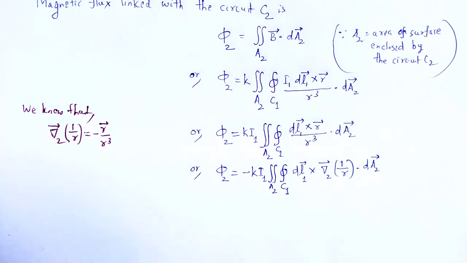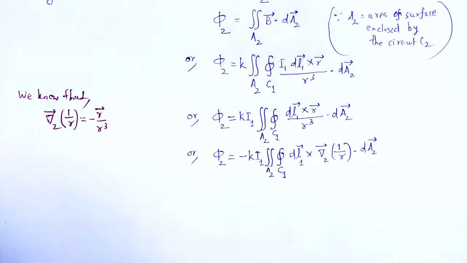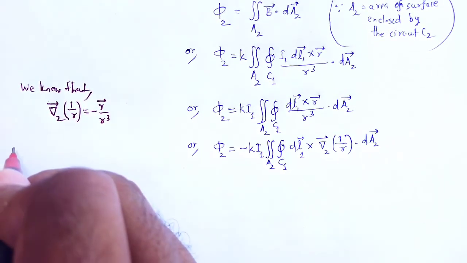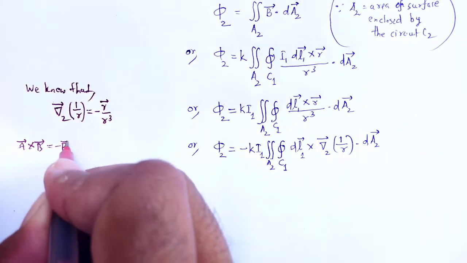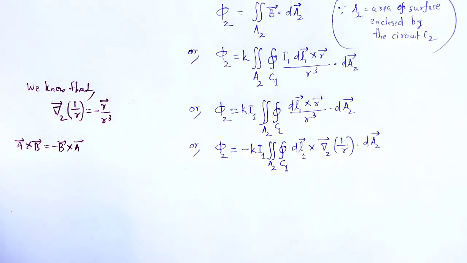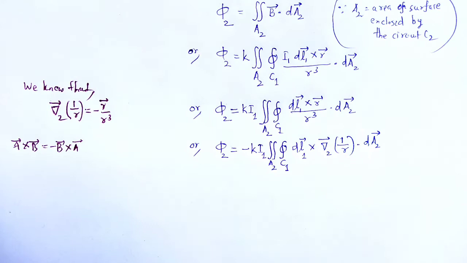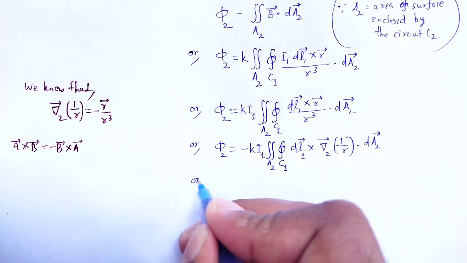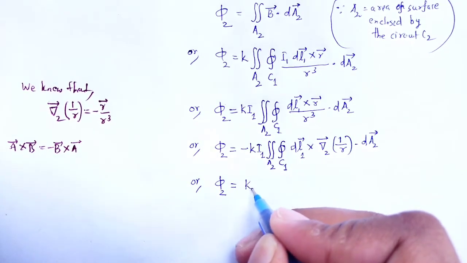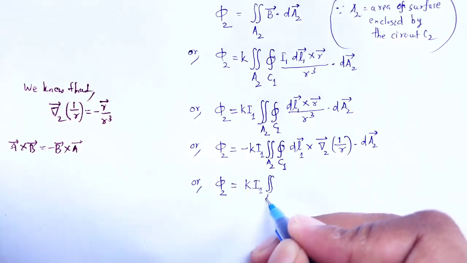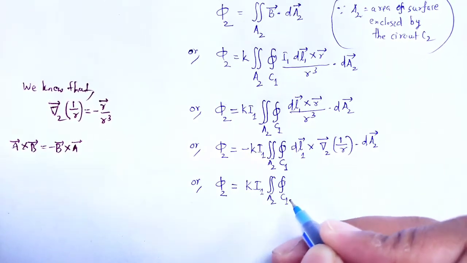In case of vector product, these are not commutative, meaning A cross B is the negative of B cross A. In that scenario, we use A cross B is equal to negative of B cross A. That's why the negative sign can be written as K I1 surface integral over A2, closed integral over C1.